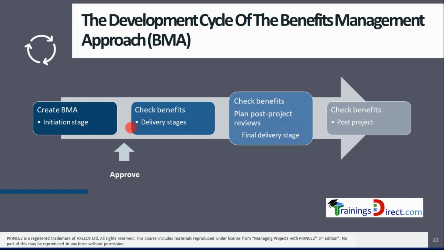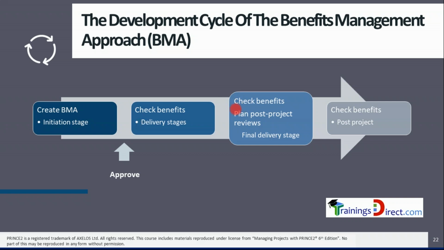However, there is a lot more information in the benefits management approach related to benefits than in the business case. The business case only provides a summary, whereas the benefits management approach has a lot of detail regarding owner for each benefit and its timeline, the way of its measurement, and target values.